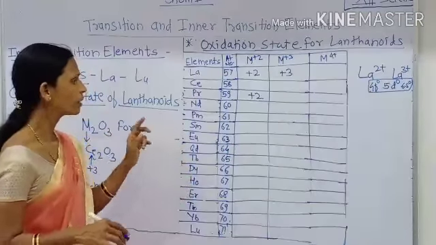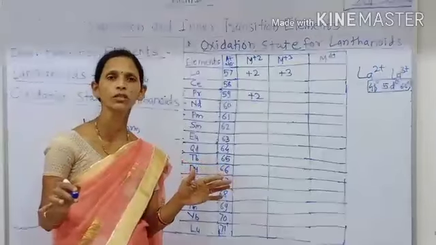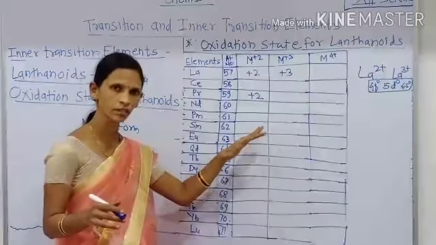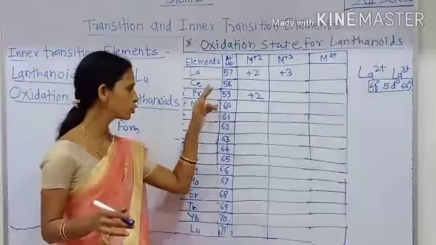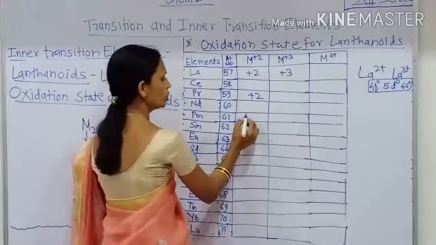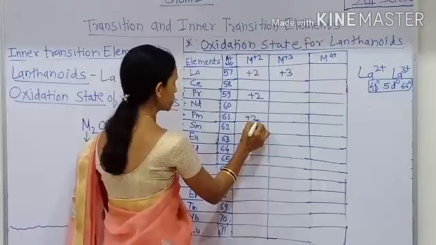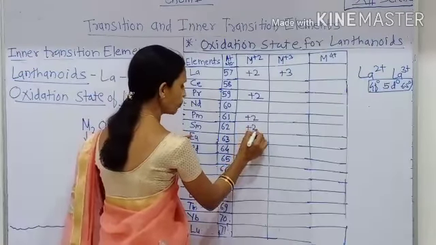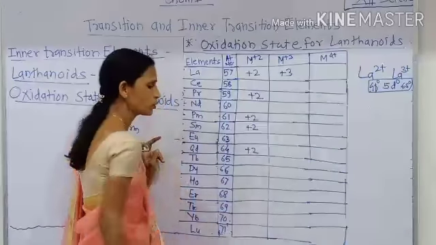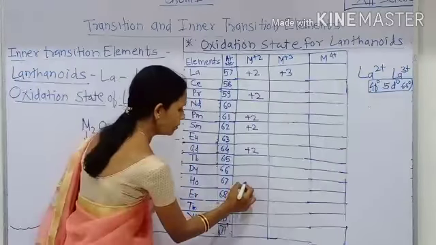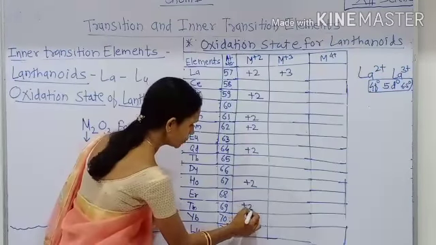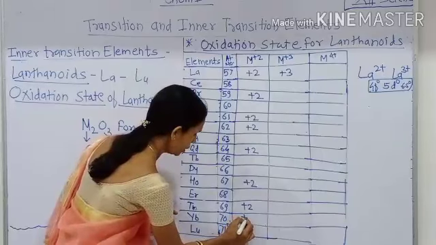Similarly, we can write the electronic configuration of the 4f orbital for the +2 and +3 oxidation states shown by those elements. Promethium also shows the +2 oxidation state, as do samarium, gadolinium, holmium, thulium and ytterbium.